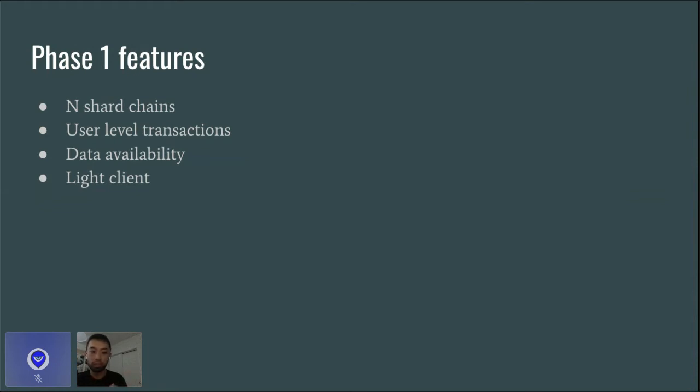So let's take a look at the shard chains and their functionalities. They contain user level transactions. So this is when users can actually come into play. They don't contain any consensus related functions. That's what the beacon chain does. Every block in the shard chain is fully downloaded and verified by a small portion of nodes, and that's essentially what sharding is about.